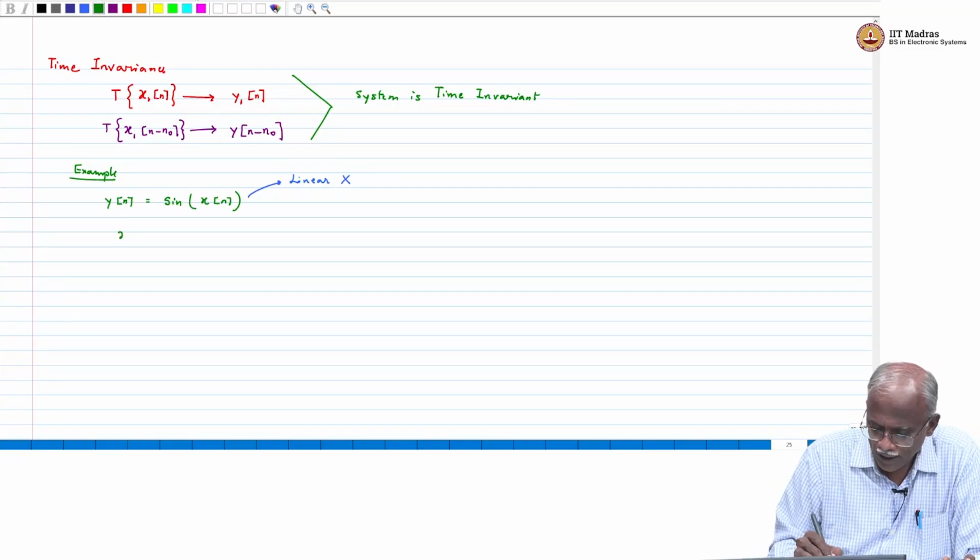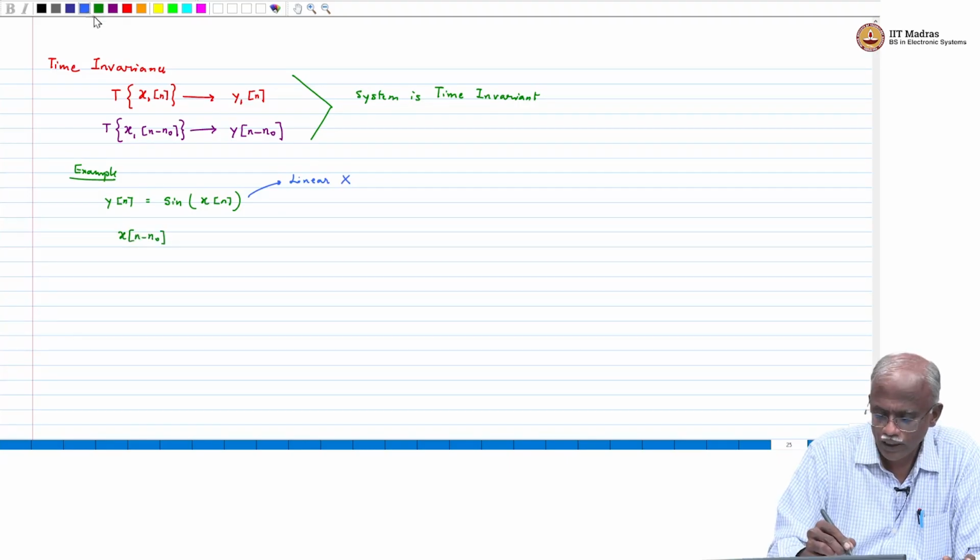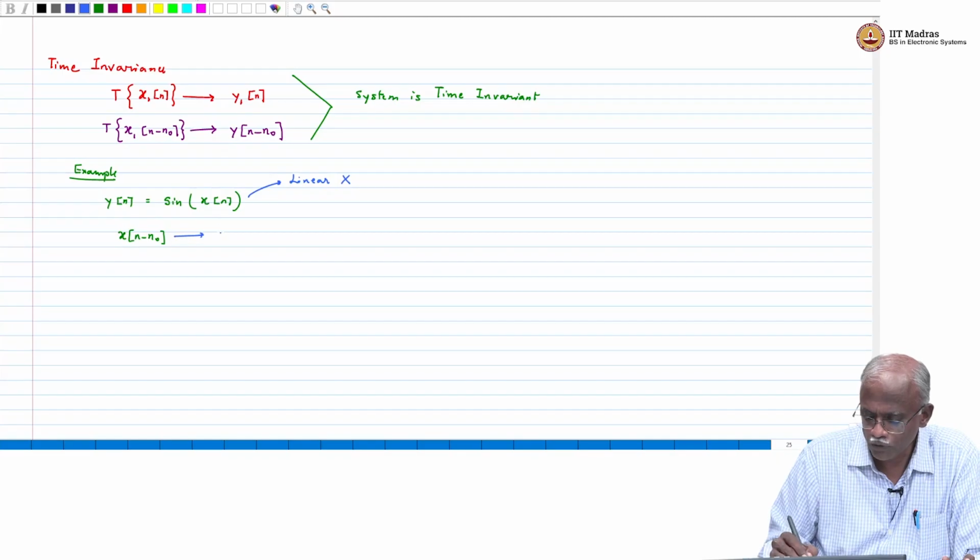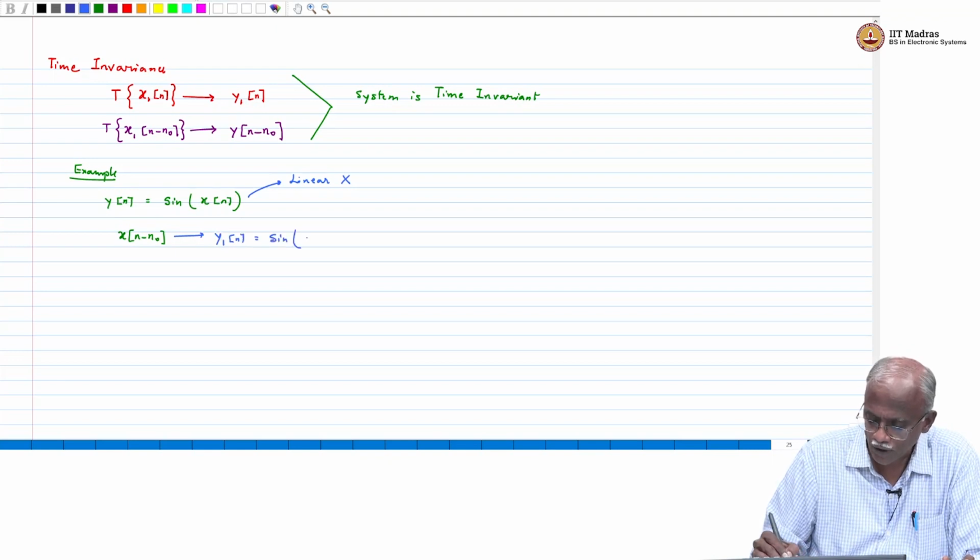So, if I have an input x of n minus n naught, this system will produce for me an output y1 of n, which will be sine of my input, sine of x of n minus n naught.